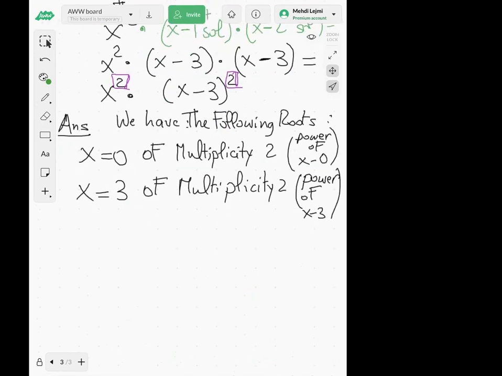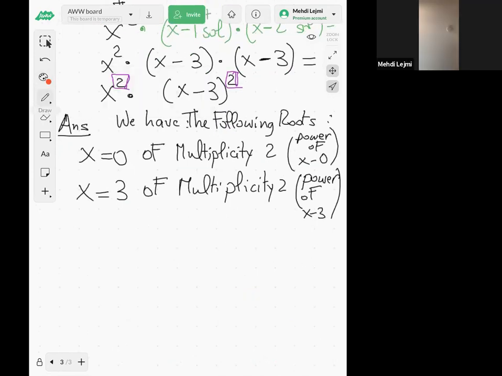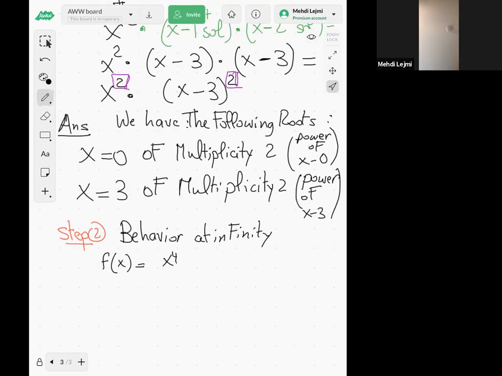So step 2, the behavior at infinity. f of x is x to the fourth minus 6x cubed plus 9x squared.